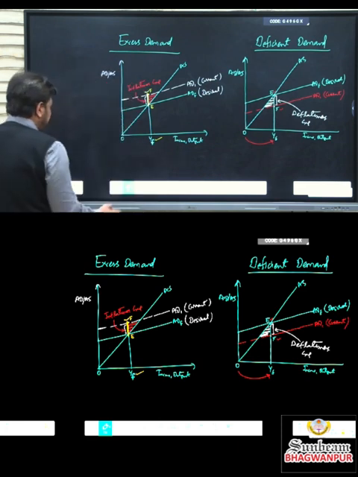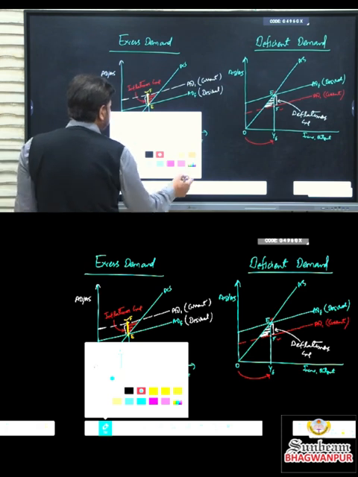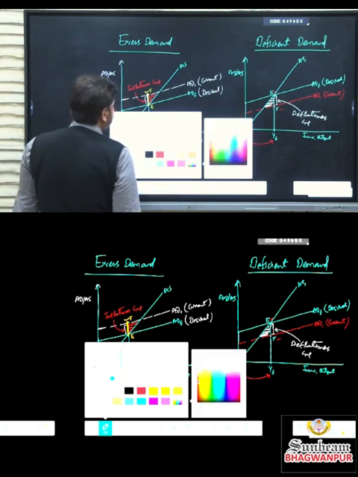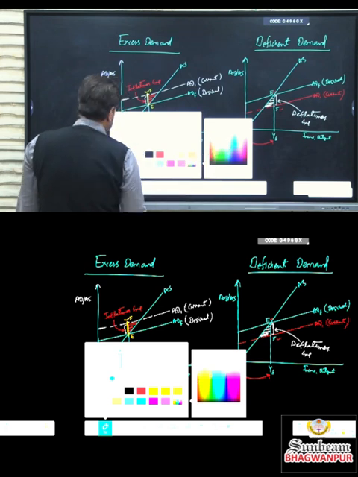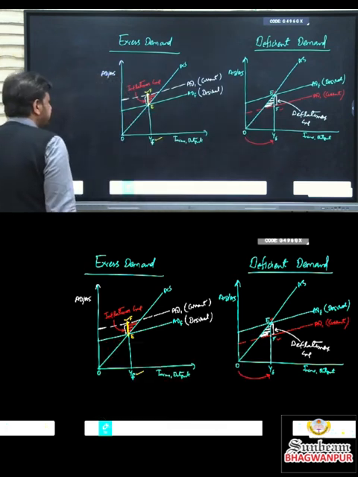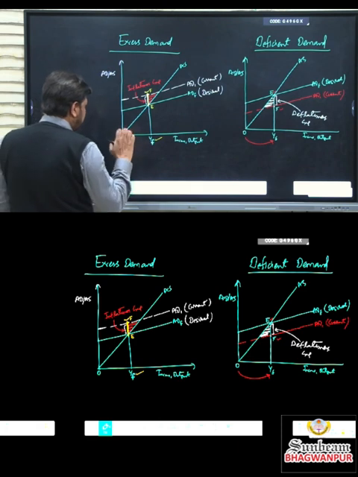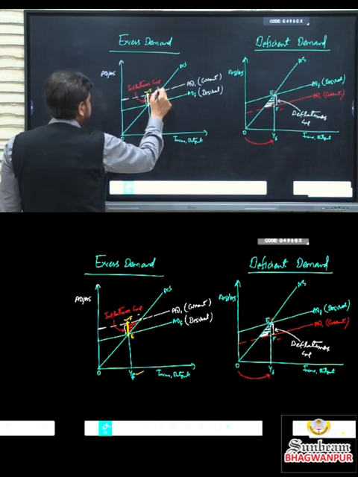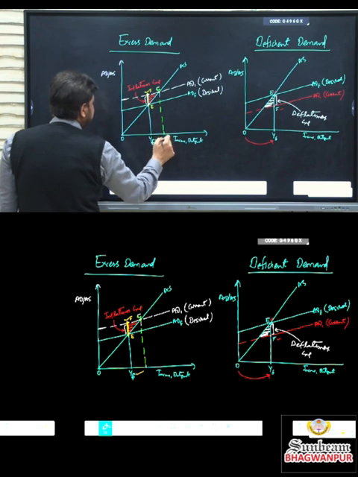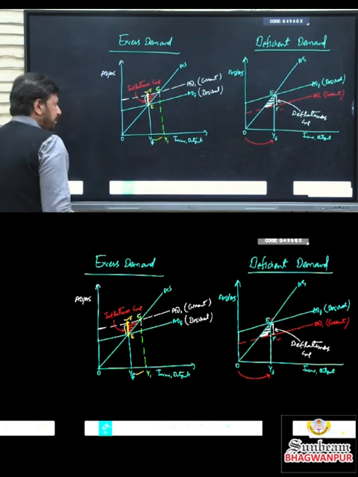Now, if there is excess demand in the economy, you can see that equality between current AD and AS is achieved at this point, and this point is achieved after the full employment level of income.